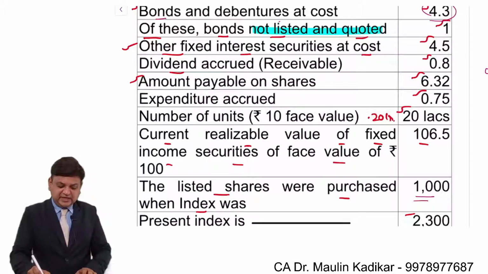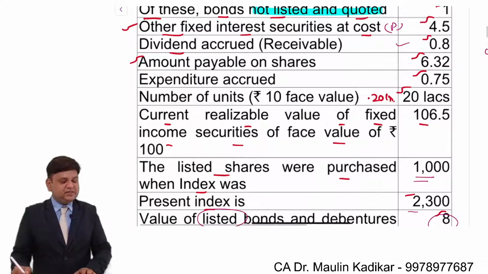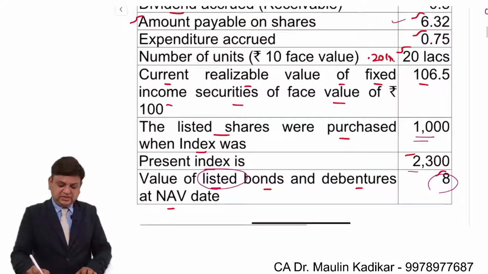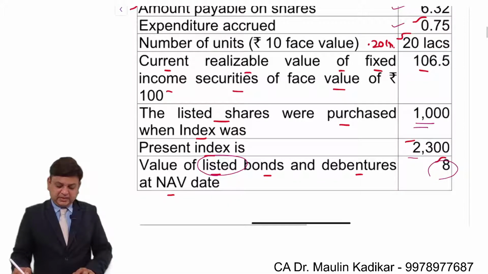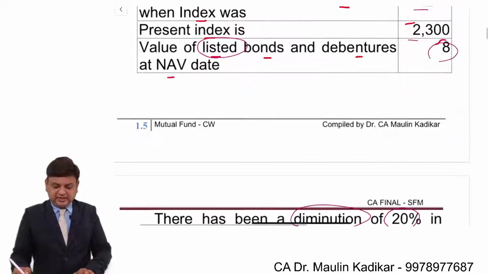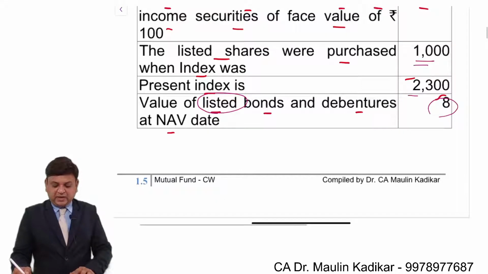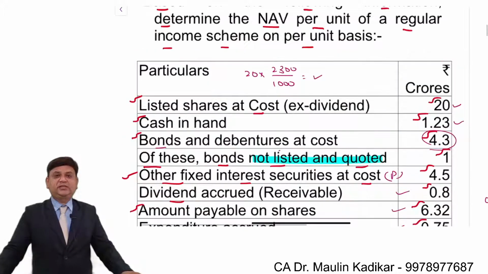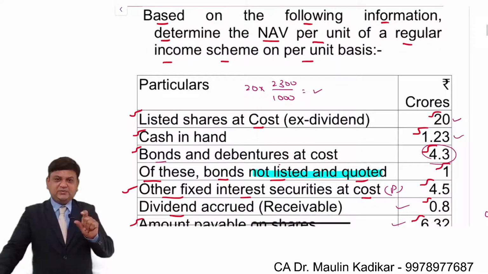Other fixed, I keep it pending. Dividend receivable is 0.8. This is liability 6.32. Expenditure accrued 0.75. This is the way we are required to write the values. How to incorporate the adjustment for other fixed interest securities at cost, I will explain to you in some time.